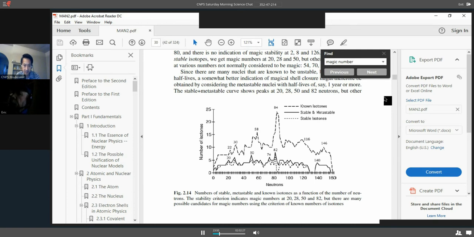Now these numbers here, what do they designate? Numbers of protons, numbers of neutrons, sum of protons and neutrons? I'm trying to figure that out. I think the chart says neutrons, so it's basically the number of neutrons.